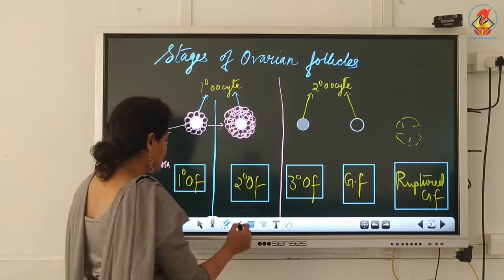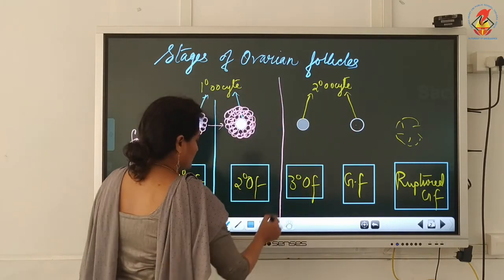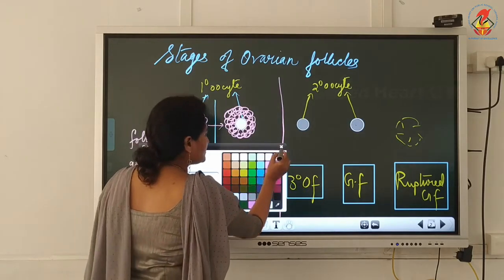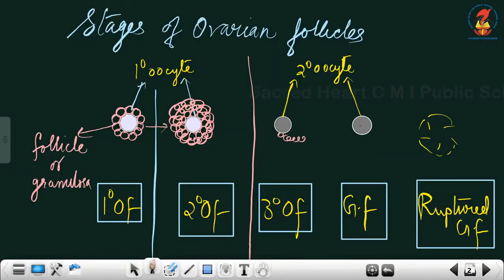So, this is secondary oocyte, here also this is secondary oocyte. Now, what happens here is the granulosa cells, look, get organized in such a way that it incorporates a fluid filled cavity.